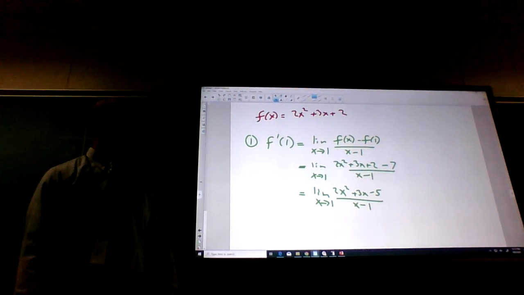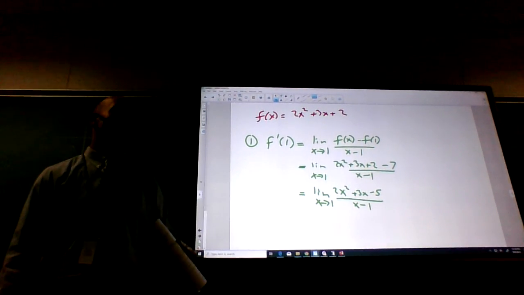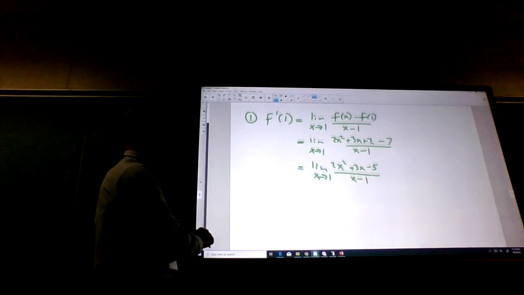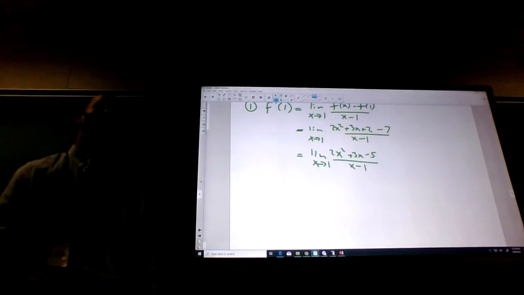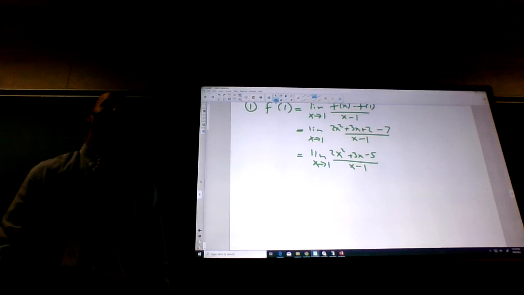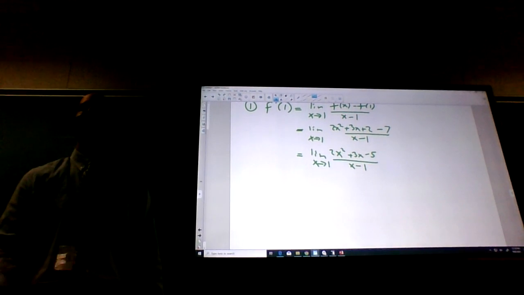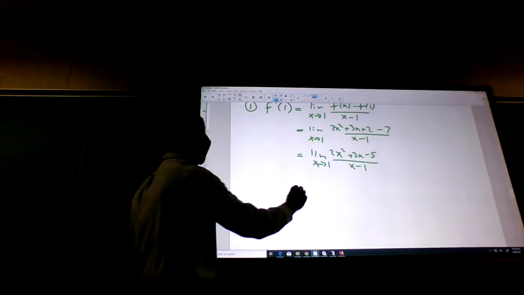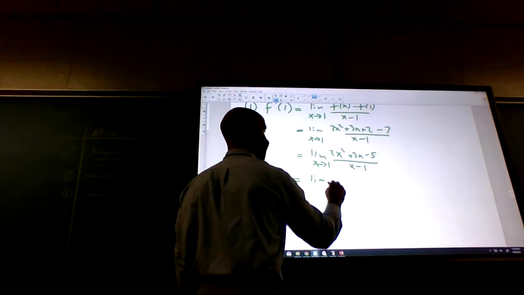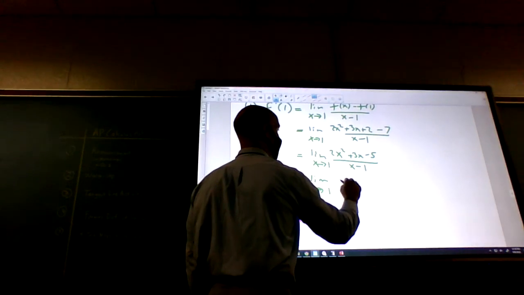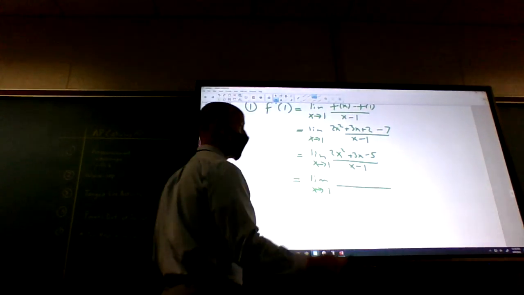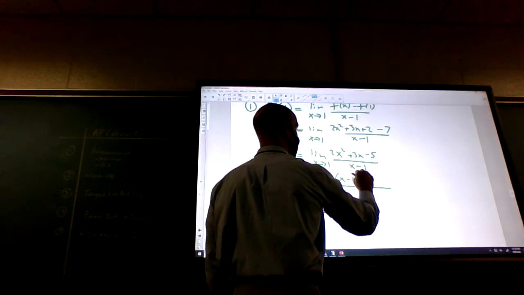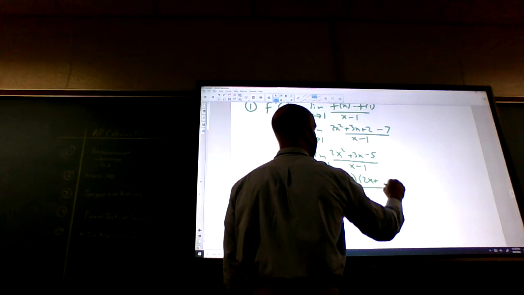Does anybody know, by the way, if we were to plug x equals 1 in right now, can you guess what the answer would be? 0 over 0. So that doesn't work. But guess what happens to the numerator? It can be factored. Does anybody know what the numerator factors to? Yes. X minus 1 and 2x plus 5. Correct.